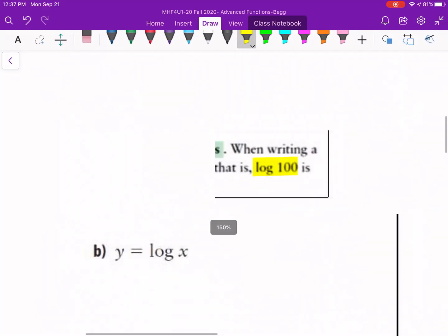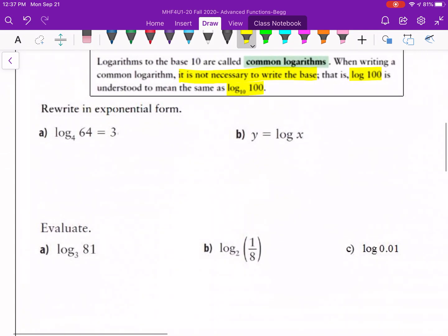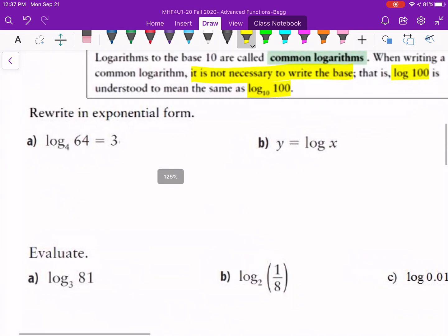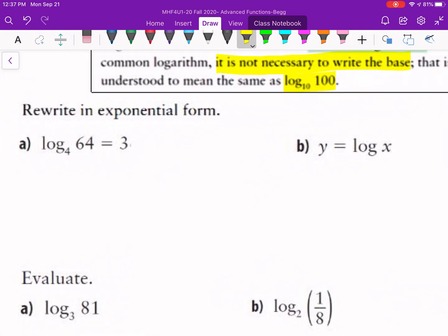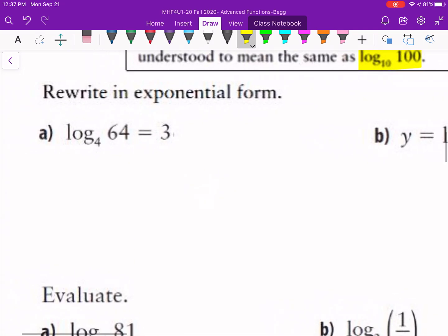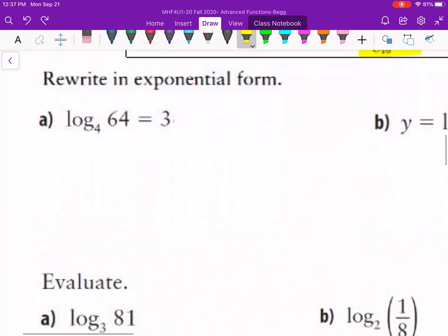So let's put that into play with some examples here. Rewrite this in exponential form. Okay, so now we're just going the opposite way. There will be some common log ones in here, but not specifically. This one's got a base of 4. So again, we have things like the base. I used red for the base and blue for the exponent.